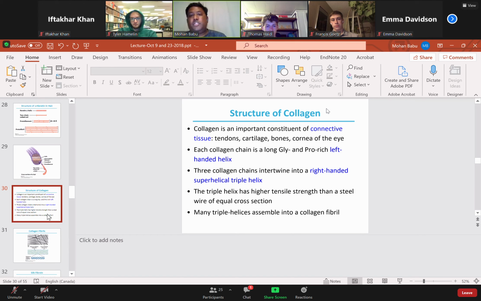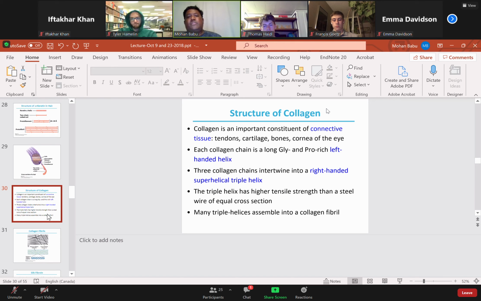These collagens are left-handed helices. We talked about left-handed helix and right-handed helix. So which ones are right-handed helix? Alpha helices. That's right. So here this collagen is a left-handed helix.